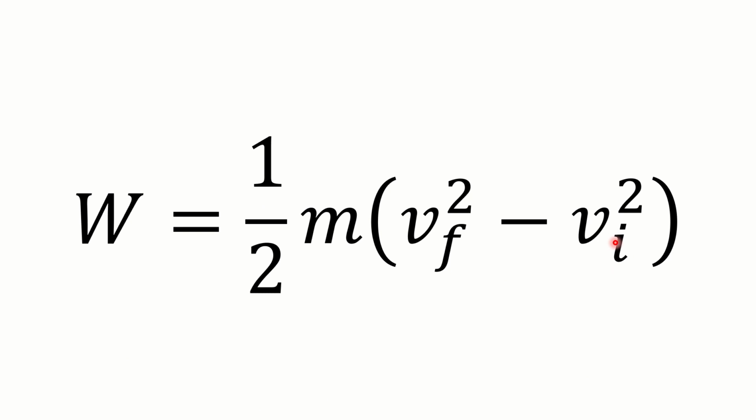So if 1/2 mv squared solves for kinetic energy, we can identify two types of kinetic energy. Diba? Kung ang velocities natin dito sa formula may final and initial, syempre si kinetic energy meron din.